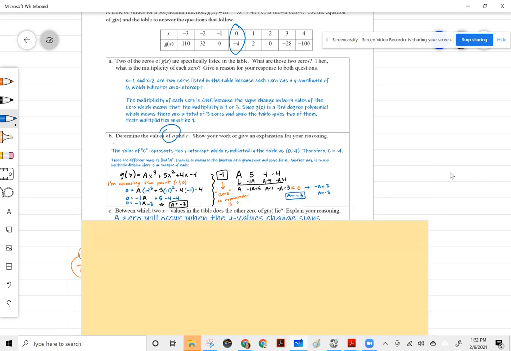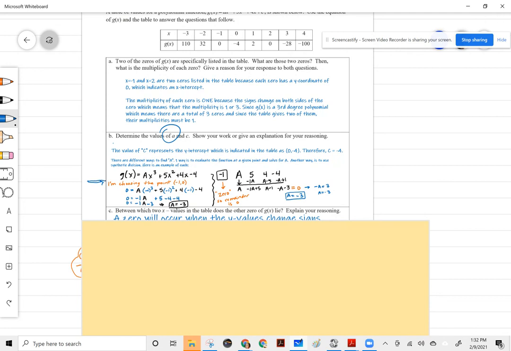One way is to actually evaluate the function at a given point. The cool thing about this is that you're given an entire table worth of points to choose from. The only thing you wouldn't want to choose is (0, -4), because that's not going to help you really get to where you need to go.